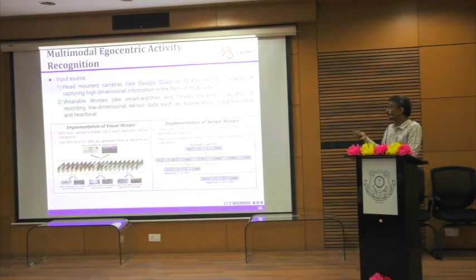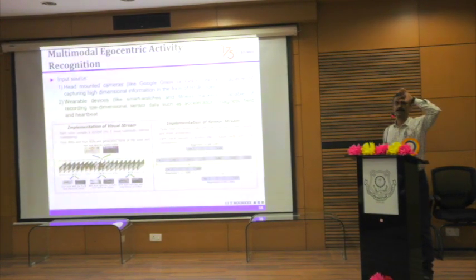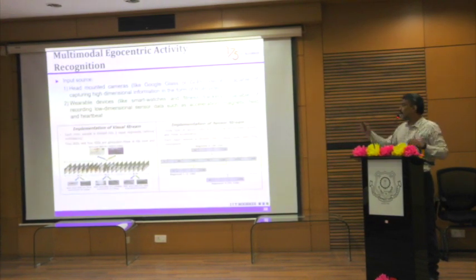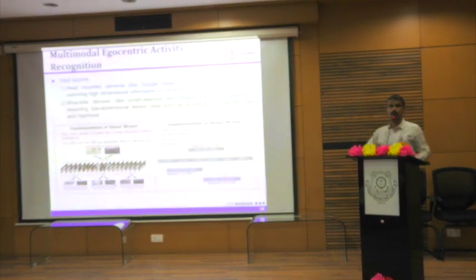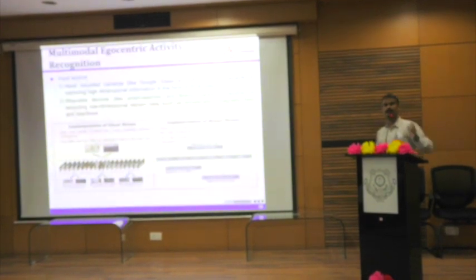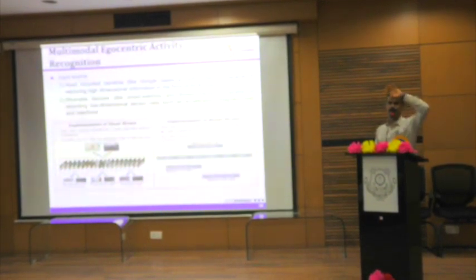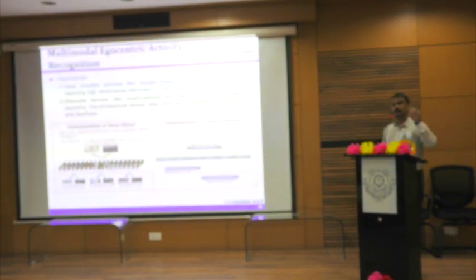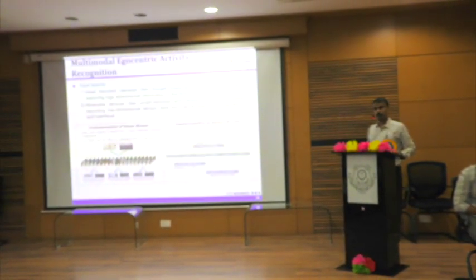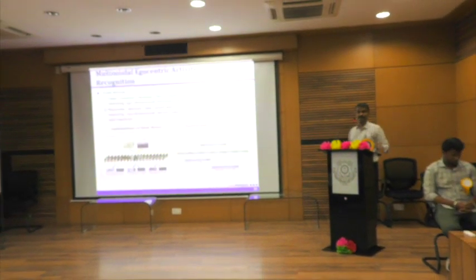I'm not going into the detail. Let us say the input source is like Google Glass. The glass is worn, and you have a wearable device connected to your mobile. Whatever scene has been captured by the camera, your mobile will talk: you are near the railway station.